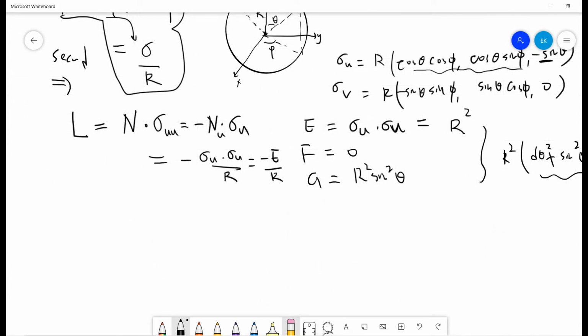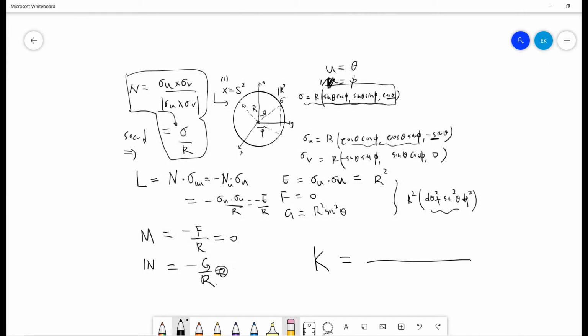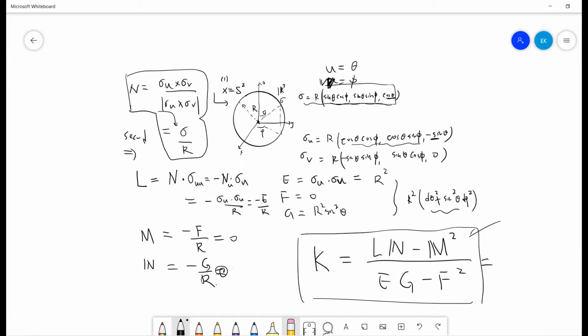For the same reason, M is minus F divided by r, which is 0, and N is minus G divided by r. Let me remind you that the Gaussian curvature K is LN minus M squared divided by EG minus F squared. This is the definition of Gaussian curvature, using the second and first fundamental forms.